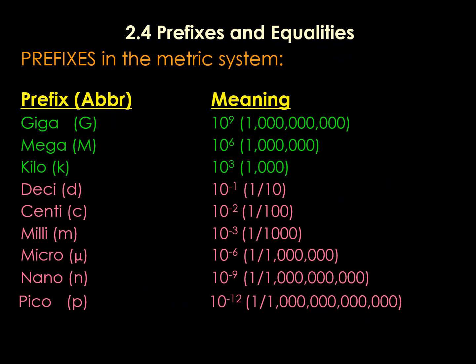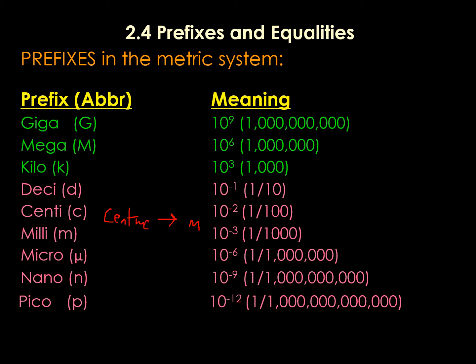These are some unit conversions which you will have to be familiar with. How to go from, for instance, centi to the SI unit. So let's say we had asked for centimeters into meters.